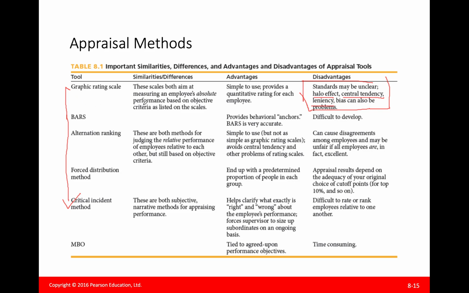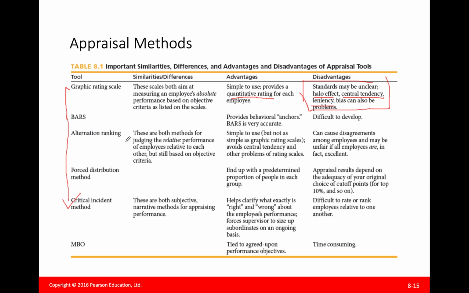One advantage of BAR is that it is very accurate, because we understand the different levels of behavior somebody performs at work, and we give each of them a score, a number. But it is difficult to develop. Think about this: we have to have a few different behaviors, and then we have to decide which behavior goes with which point, which is very difficult to develop.